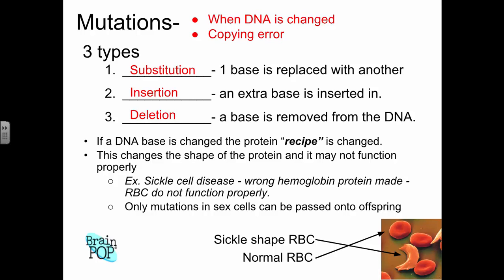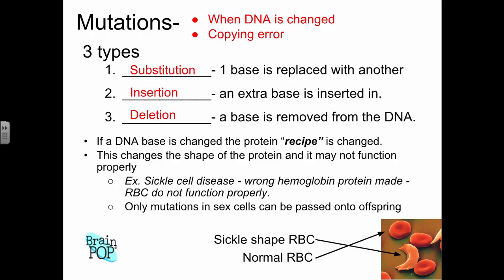There are some examples of diseases that are caused by a mutation. Here's one of them, sickle cell disease. Sickle cell disease is a disease in which there's a mutation in the gene that helps to create hemoglobin in our blood, the protein that carries oxygen.